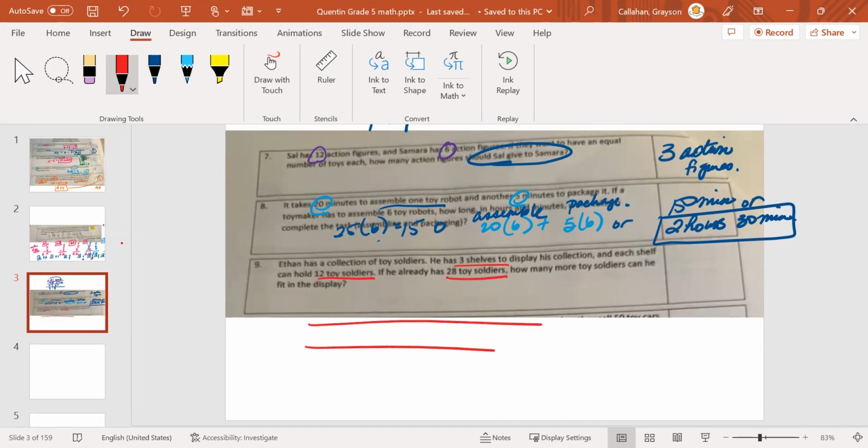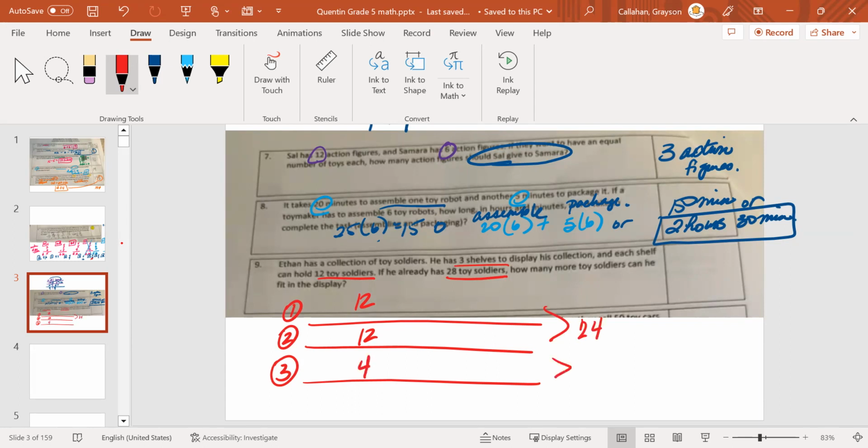So he has 3 shelves. 1, 2, 3. So he has 12, 12. What's 12 plus 12? 24. So he has 28. So he has 4 right here. So plus the 4, he gets 28. 12 and 12 is 24.